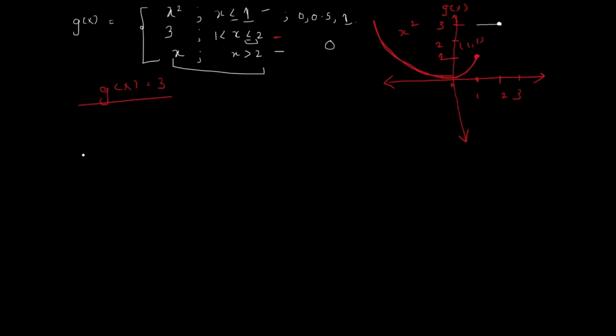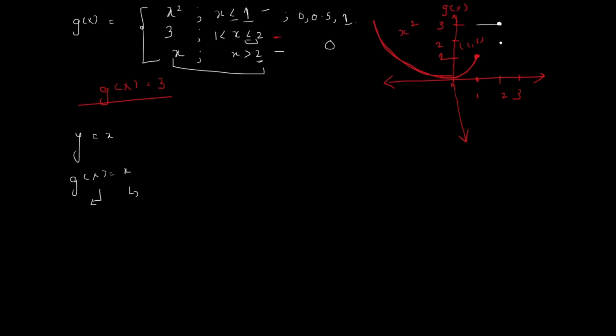Now let's look at the third sub equation, where y equals x, or g of x equals x. Whatever value x has, the same value y will have. Here we want values greater than 2 to be in this equation, so it will start from 2, which means y will also be 2.